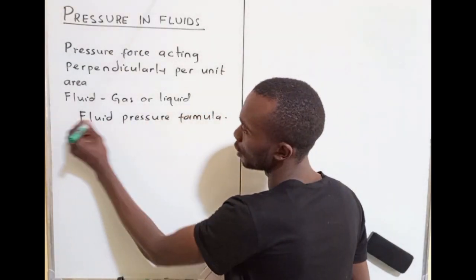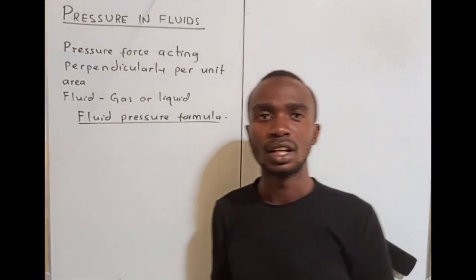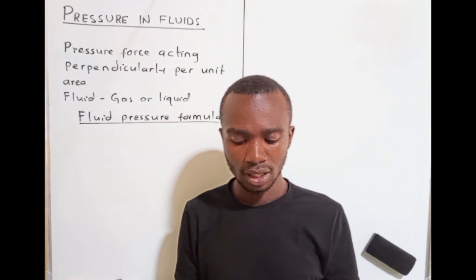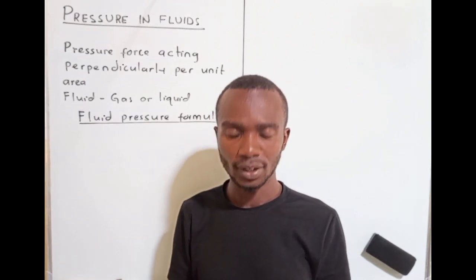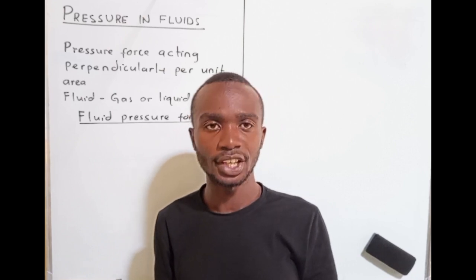In the fluid pressure formula, we're going to consider a cylindrical container with a cross-sectional area A and containing a liquid of density ρ to a height h.